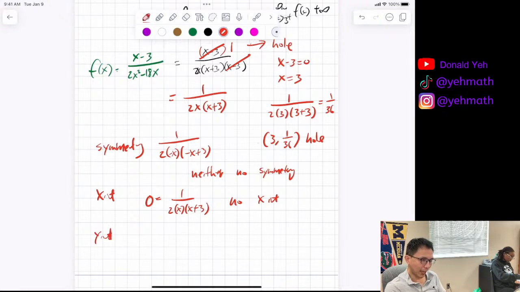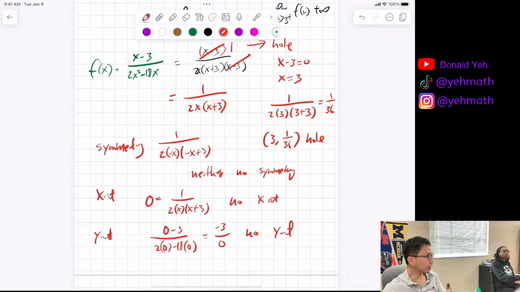Y-intercept. That means plug in x equal to 0. What am I going to get? There's nothing. 0 minus 3 over 2 times 0, minus 18 times 0. There's no y-intercept.